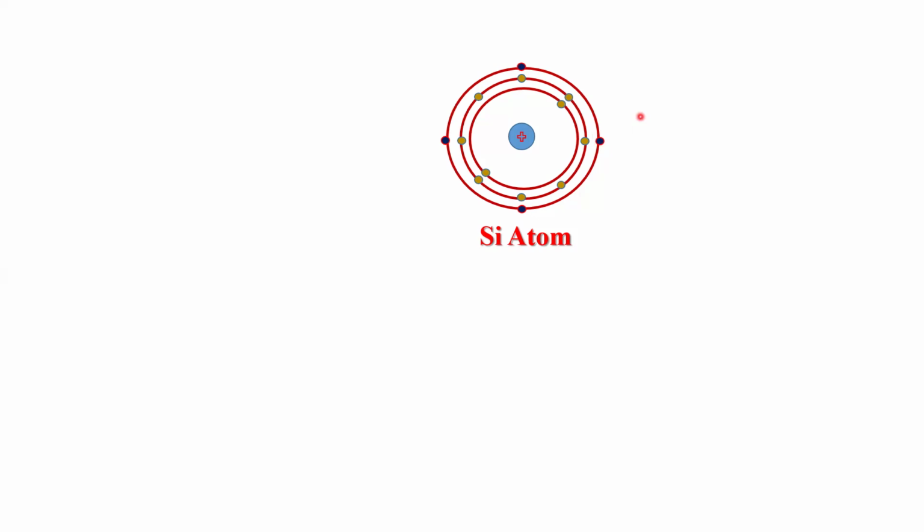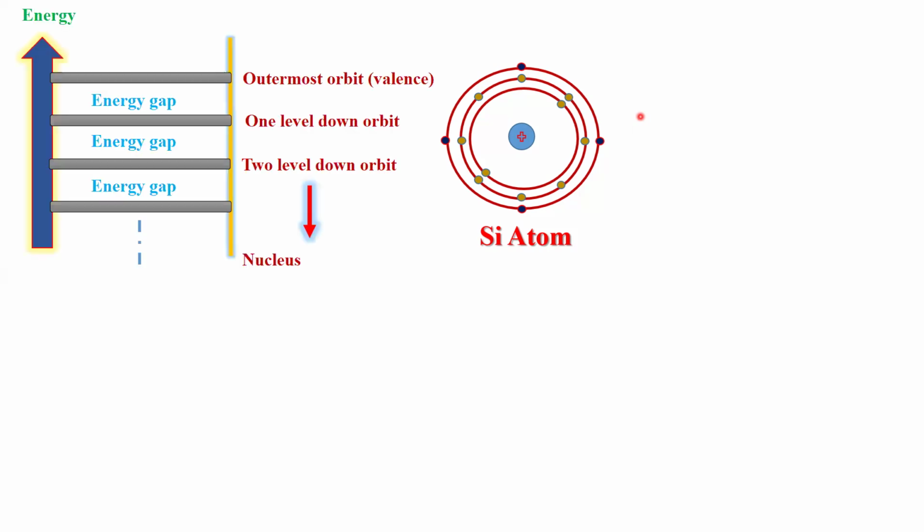conduction inside the material. Now, if you look at this figure, this is an energy level diagram for this particular atom. What you see here is that we are going up in the direction of energy. And here at the bottom, you have a nucleus right exactly in the center.